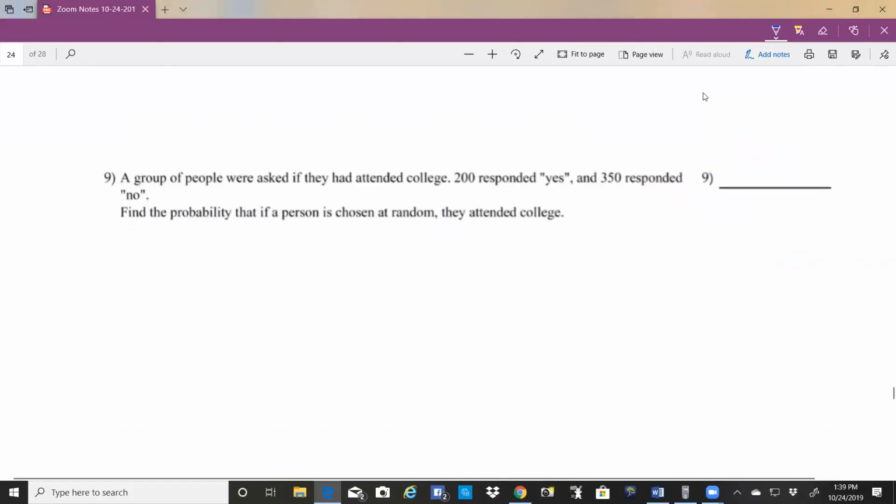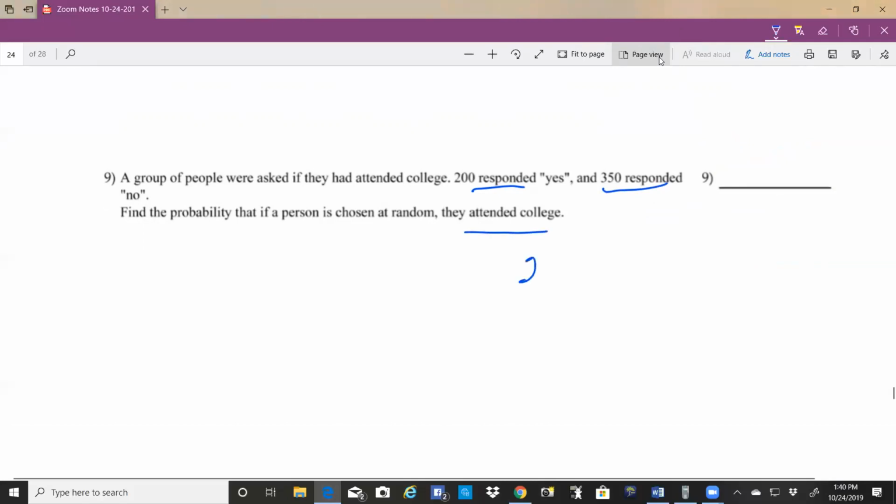Sometimes you take a poll. This is how people look at elections and try to figure out who might be the winner. A group of people are asked if they had attended college. 200 responded yes. 350 responded no. What's the probability the person chosen attended college?